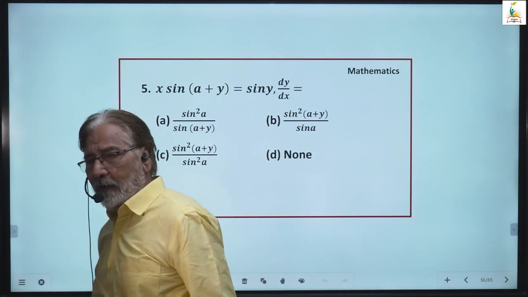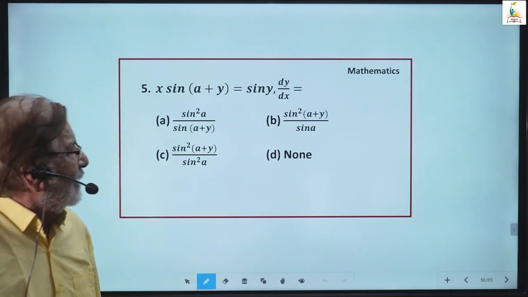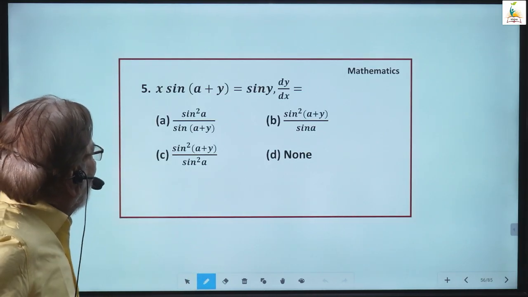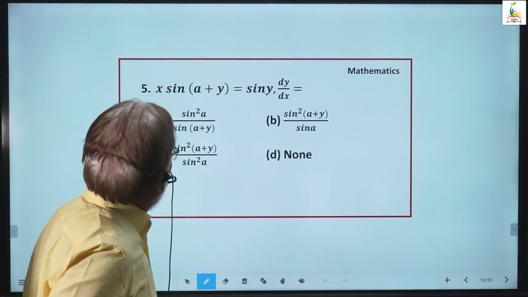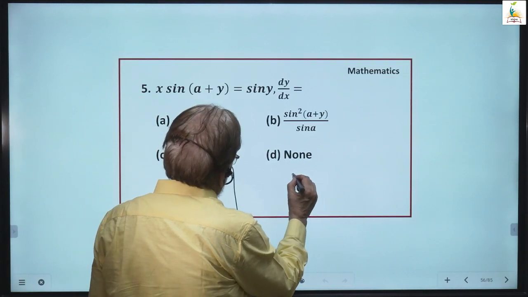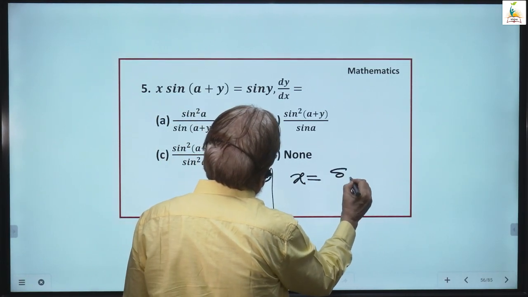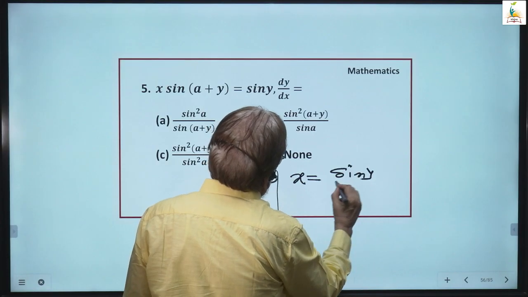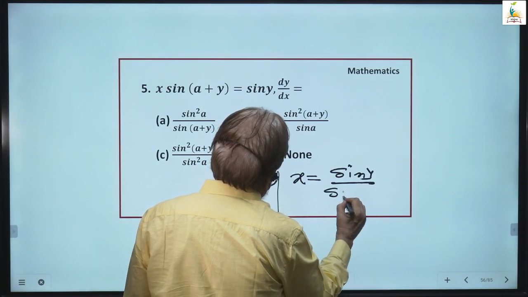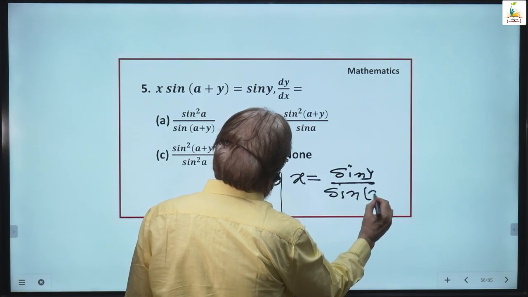This is a very good question. x sin(a plus y) equals sin y is there. If I put x equal to sin y upon sin of (a plus y). This question has been asked so many times.